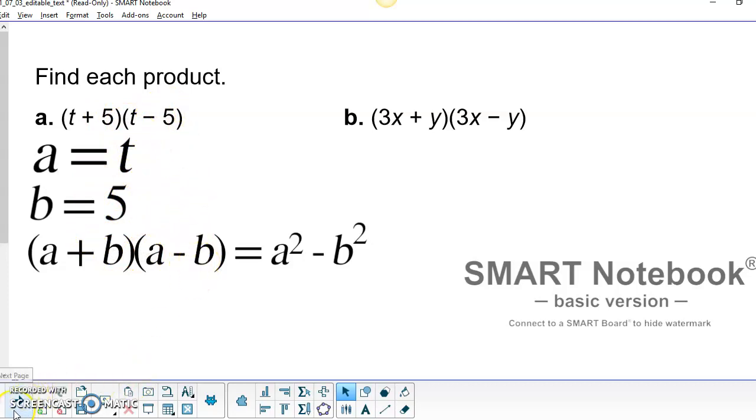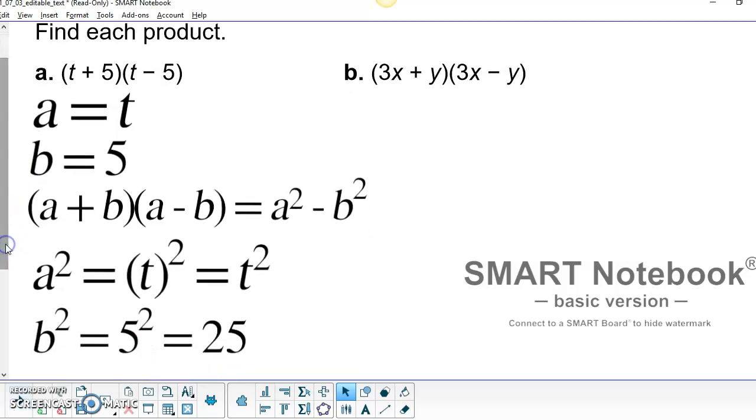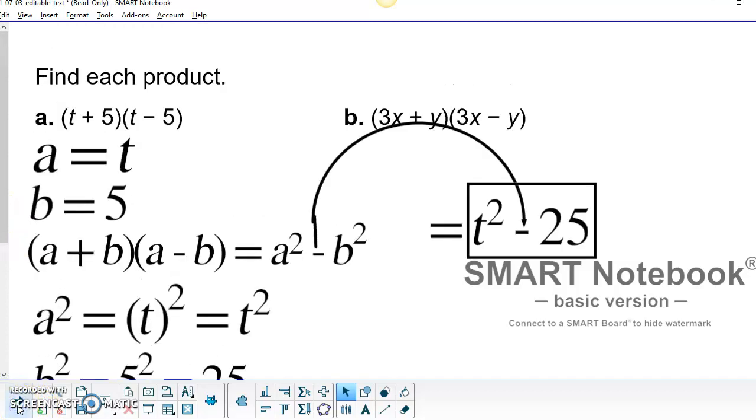So that's going to give you a squared minus b squared. Your a is t, so you square it, you get t squared. Your b was 5, you square it, you get 25. So your final answer is going to be t squared minus 25. Why did I put a minus here? Because you see that there's a minus here, so we have to carry that over. So t squared minus 25.